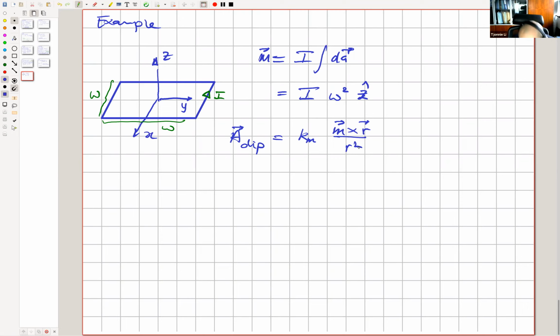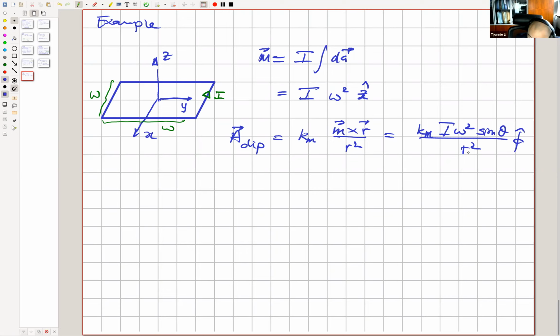And with this particular m in mind, I can write this as Km, let's see, w squared sine theta over r squared in the phi direction.